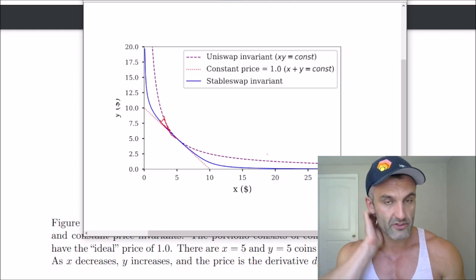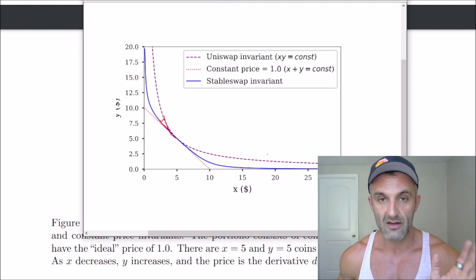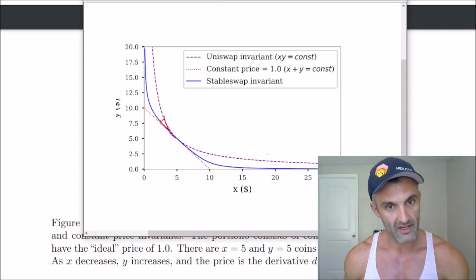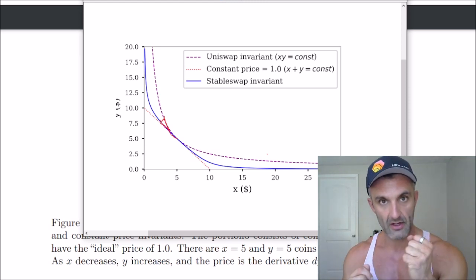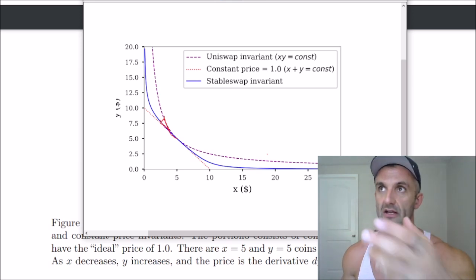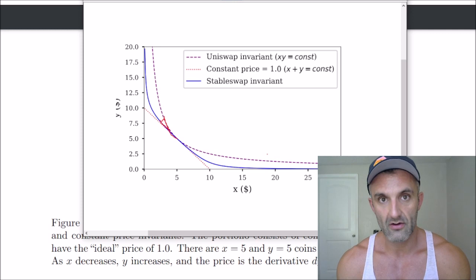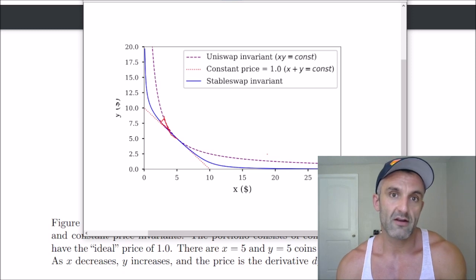If they were to do that all at once, maybe they need to buy a house or do another business deal or whatever the case is, that can drive the price off, meaning you don't just trade one for one, $10 million for $10 million, right? You trade $10 million in USDC for, say, $9,050,000 in DAI. I'm being a little extreme right there, obviously very extreme, but it can be very extreme in terms of slippage. Maybe it's 5%, right?